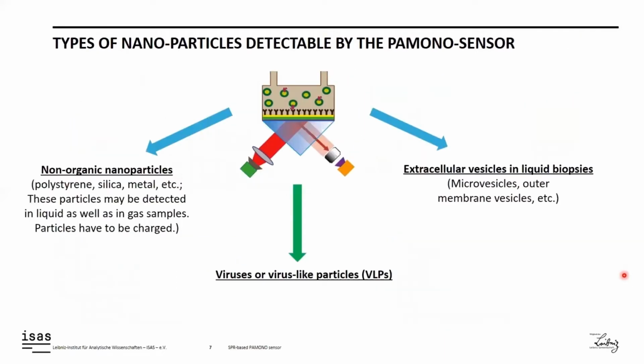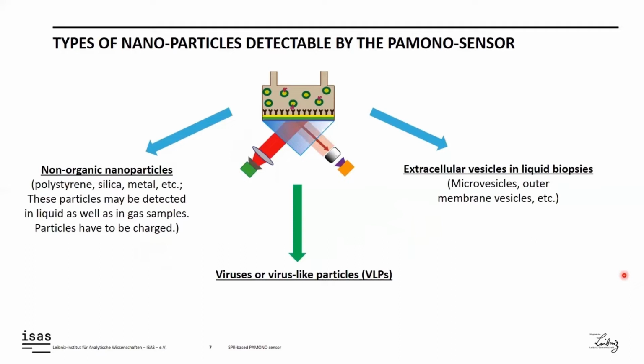And I would like to mention which types of particles the PAMONO-sensor may detect. As you already heard, we work with non-organic particles made out of polystyrene, silica, and metal. With metal particles, we may work with particles as small as 40 nanometers easily without any problems.